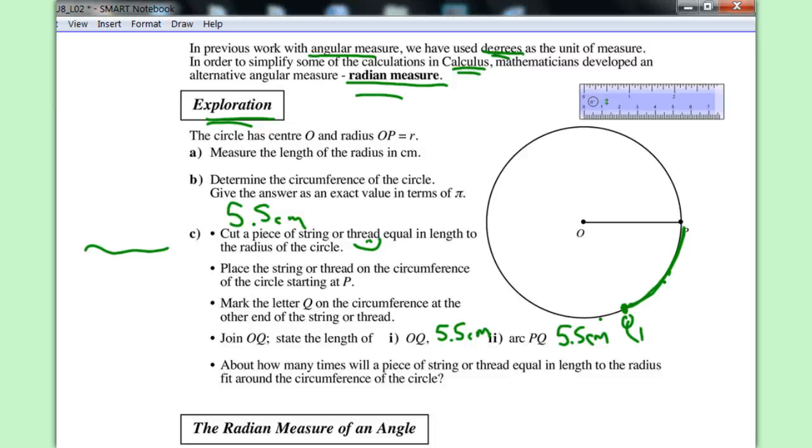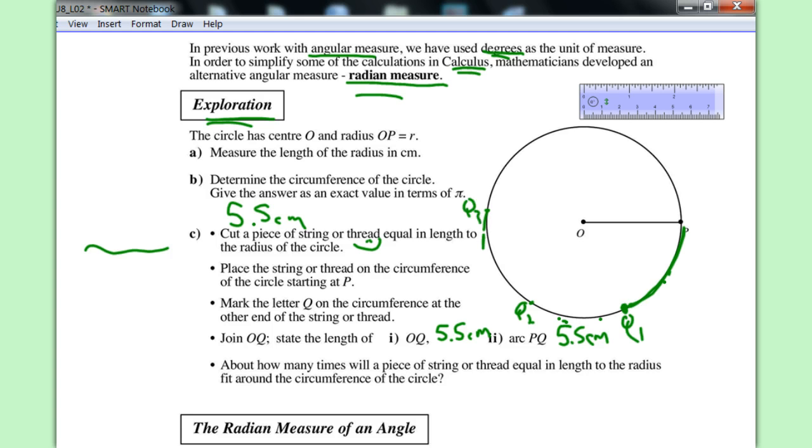I'm just going to continue going around the circle, and you do the same thing with your string, or you already have. As I go around, there is a little point, and I'll call that Q2. I do it again, take my string and lay it around the circle, and there it is again, Q3. How many times will it go around?